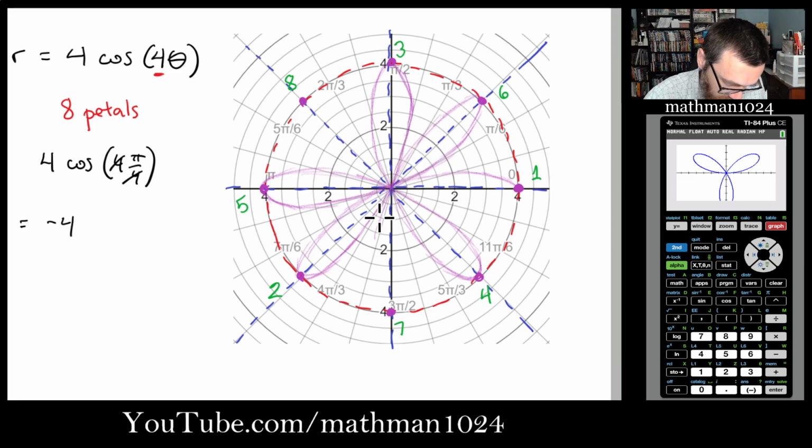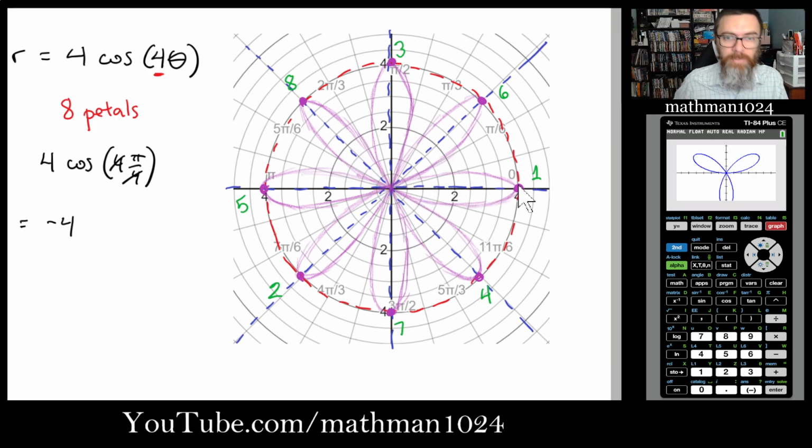And we're going to go to 7. And then we hit 8 before we finally curve back to our starting point at 1. So there we have our rose with 8 petals.